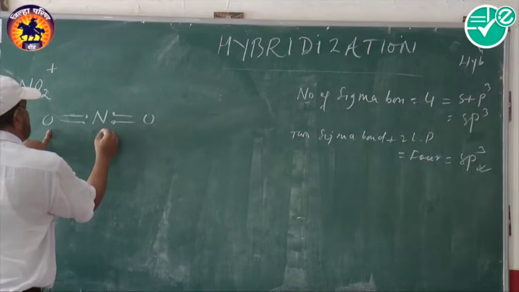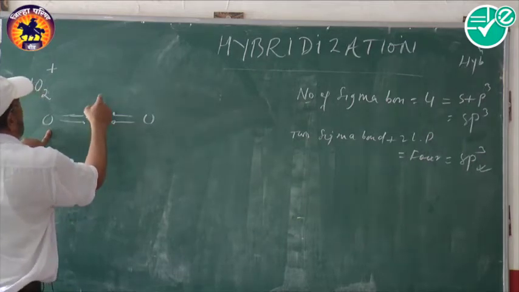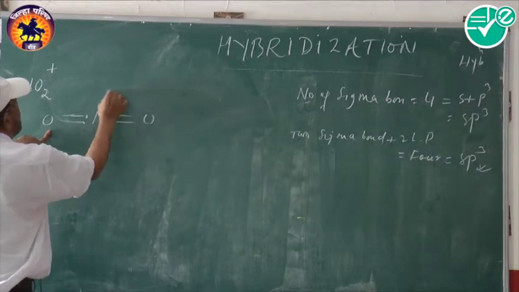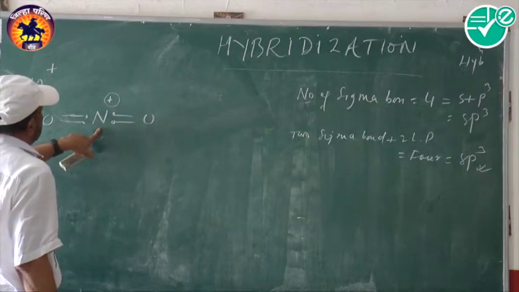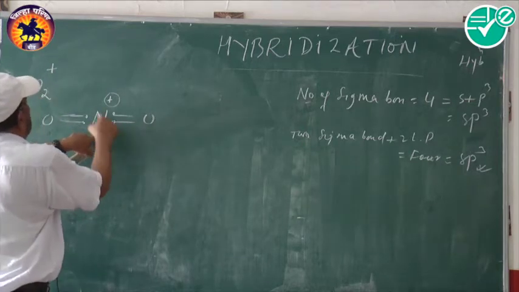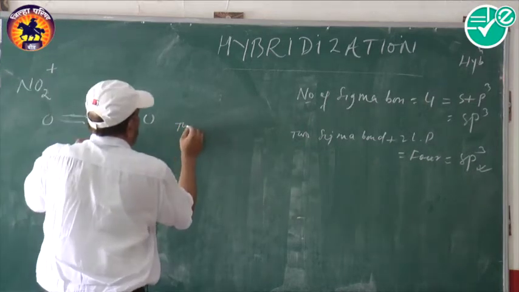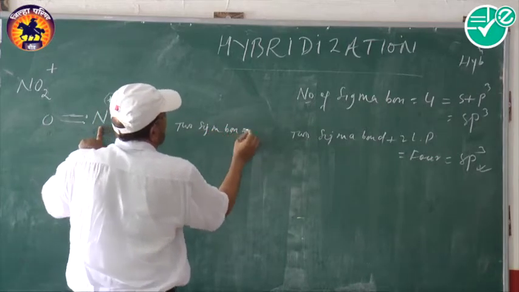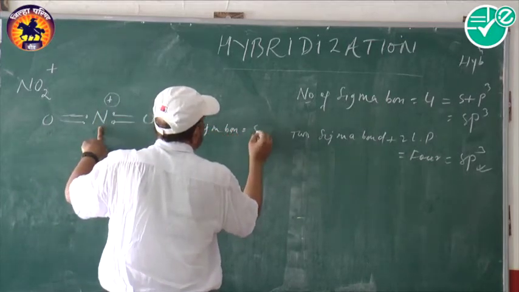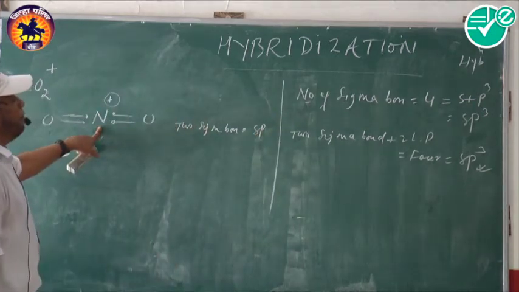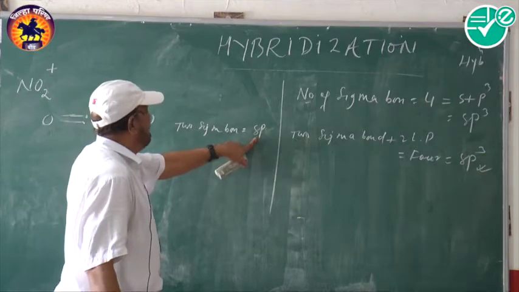But N belongs to group 5, there is 1 electron deficit, therefore it is plus. But in the central atom N, there are only 2 sigma bonds, hence sp. Therefore NO2 plus belongs to sp hybridization.